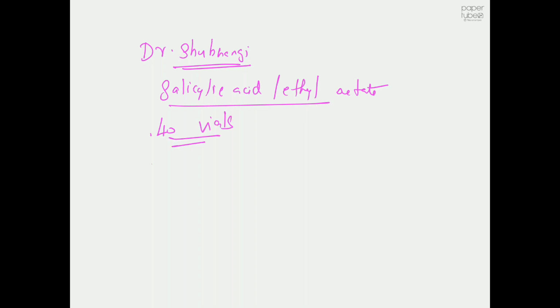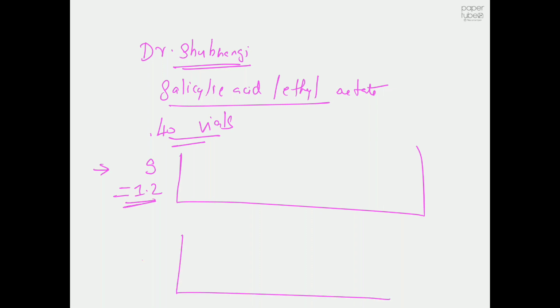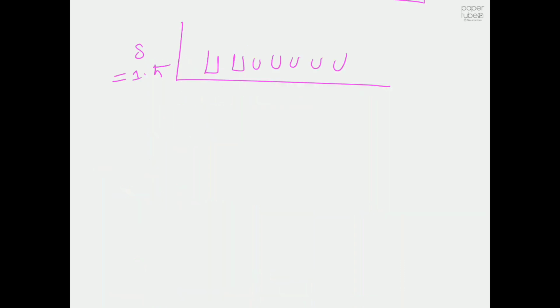And she prepared a supersaturated solution. So say she did one set of experiments with 40 vials with a supersaturated solution of, say, I don't remember this number, say 1.2, and I will tell this number exactly when I add the video clip, and then another supersaturated solution of, say, 1.4, and then another 40 vials, and then one more experiment with a different supersaturated solution, and another set with a different supersaturated solution.